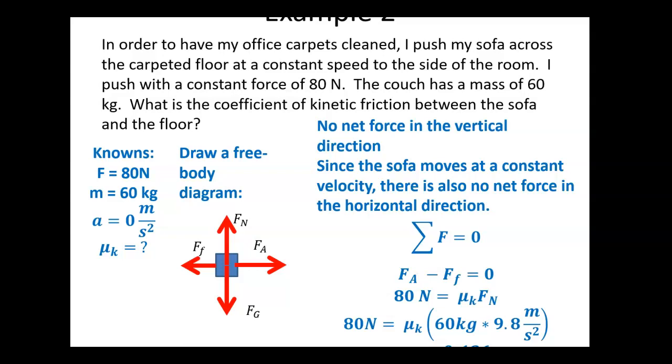In this situation, the normal force equals the gravitational force on the sofa, so it equals the 60 kilograms times 9.8. And so I can divide 80 newtons by that normal force to get the coefficient of kinetic friction. It's 0.136. Again, notice there are no units on this coefficient. It's a dimensionless quantity.